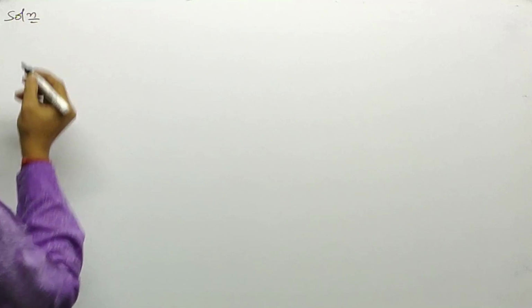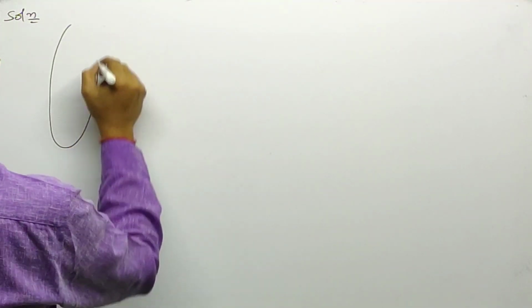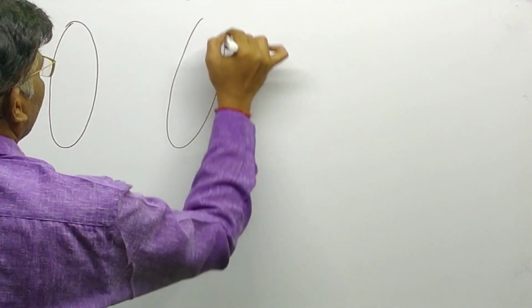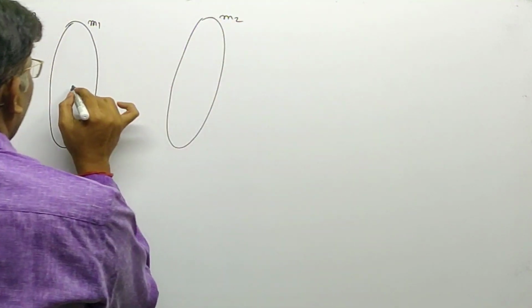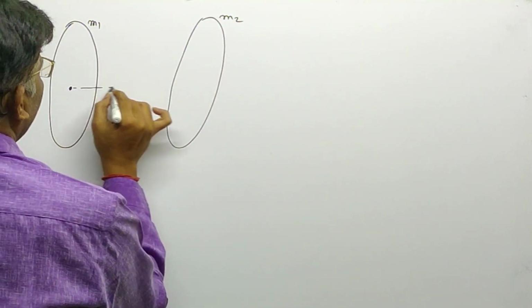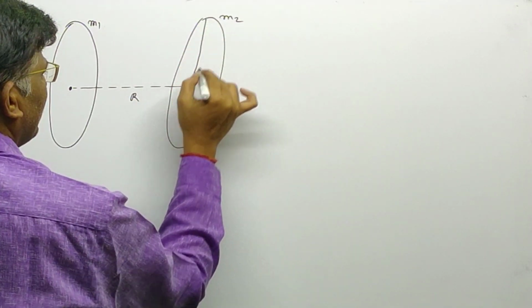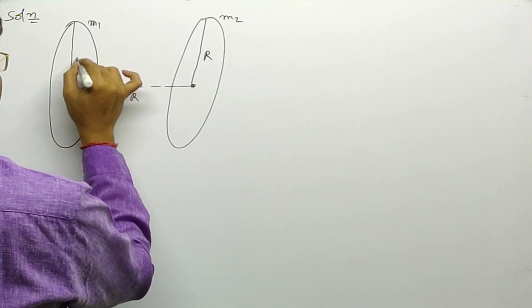As per the question, two circular rings of masses m1 and m2 are placed at a distance R and their radius is also equal to R.